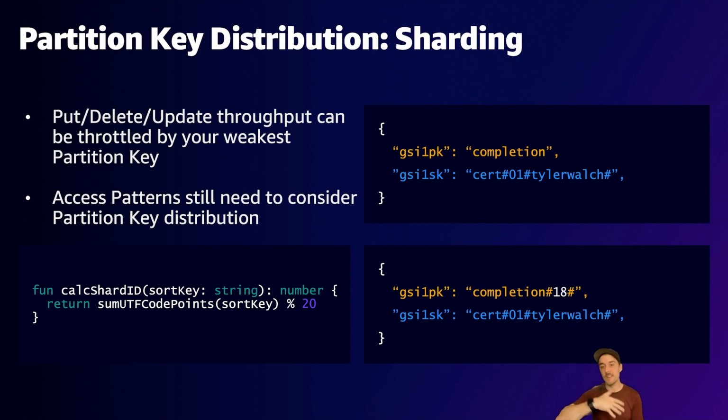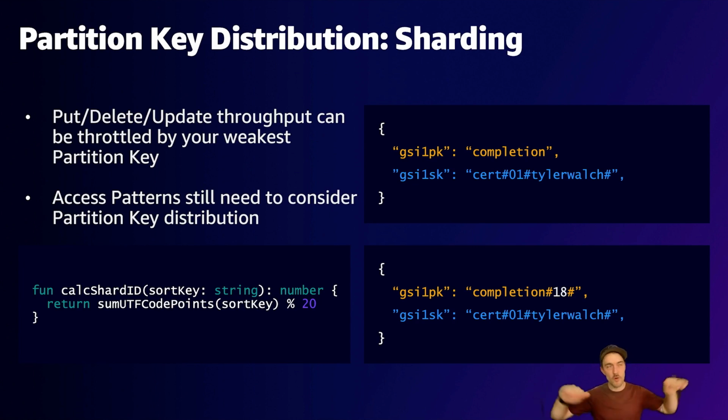But if we add this sharding technique, in which we take the sort key value, in this case the instructor name, or maybe, in our previous example, I think it was the start date or the issue date. It could just be the issue date, or it could be the issue date and the student name, and we get a shard ID from that. Because I've taken that, completion is now spread across 20 different partitions.